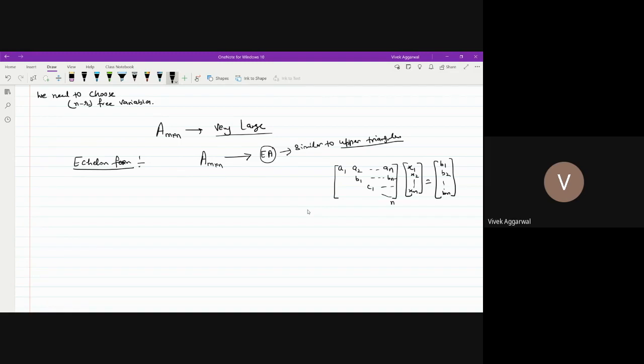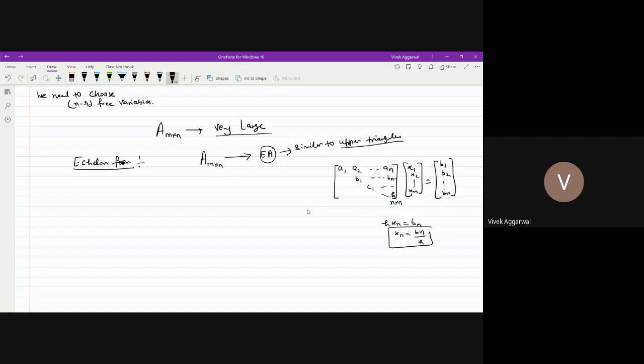If it is an n cross n matrix, I can go by using back substitution. In the last equation I get h xn is equal to bn, so xn will be bn by h.